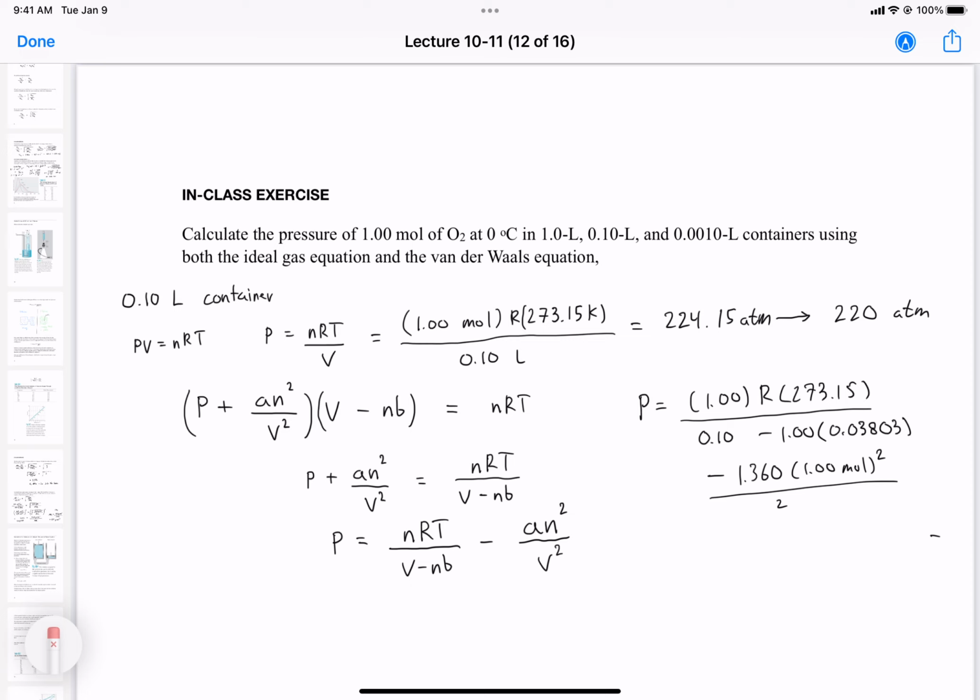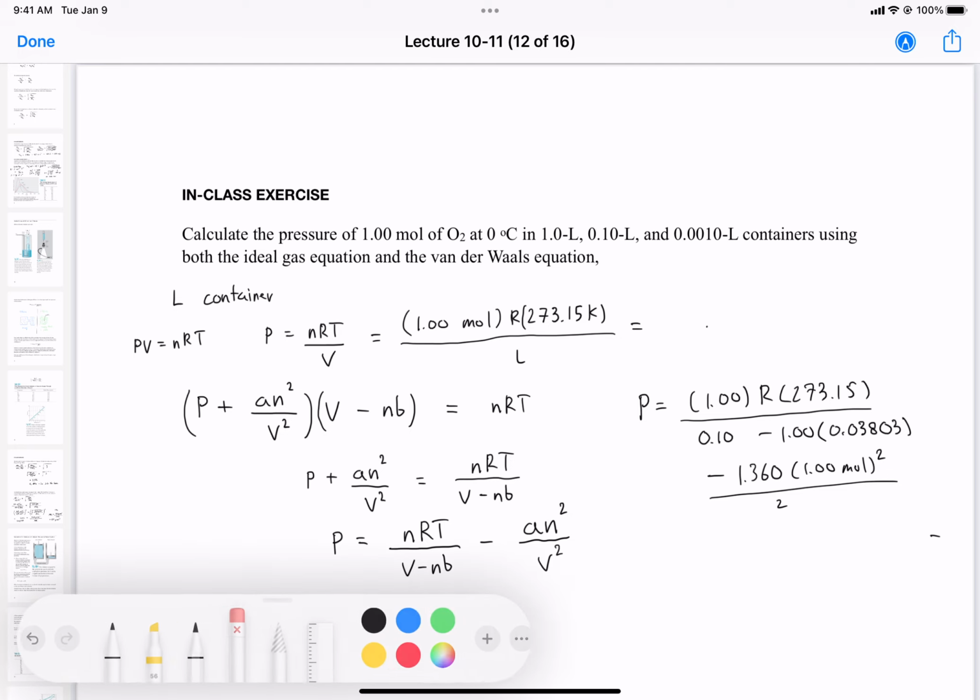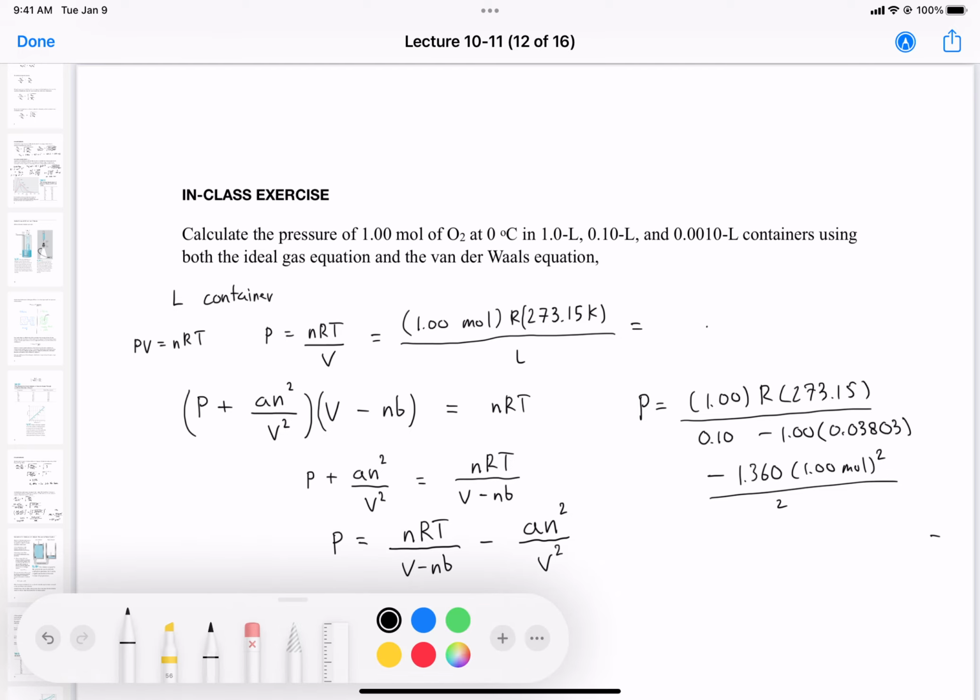So the only thing we're changing is the volume units here. So now we're going to go to 0.0010 liter. Oh, okay. I think I wrote this a little bit incorrectly.